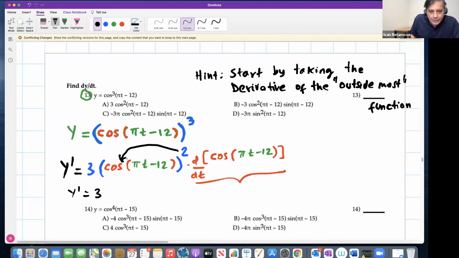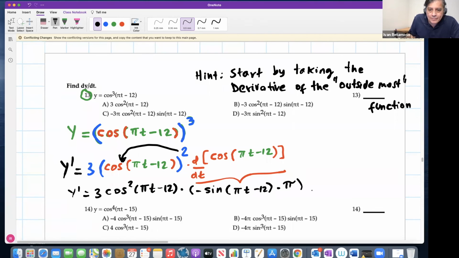This will become cosine squared of pi times t minus 12, times the derivative of this. The outside function is cosine, and the derivative of cosine is minus sine of what? Of this guy, pi t minus 12, times the derivative of this guy. Notice this is pi times t, and pi is a constant, so the derivative of pi times t is just pi. The derivative of minus 12 is 0. So this is it.